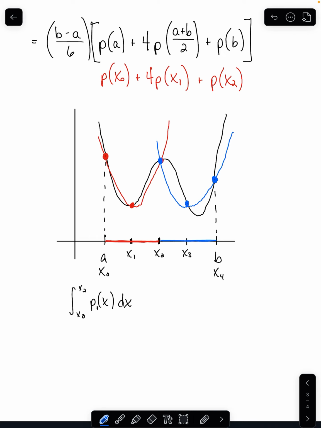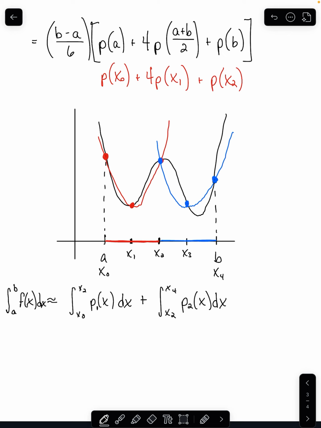This would result in a definite integral from x sub 2 to x sub 4 of some other polynomial function. And the idea is that the sum of these two integrals is going to approximate the area from a to b under the original function.